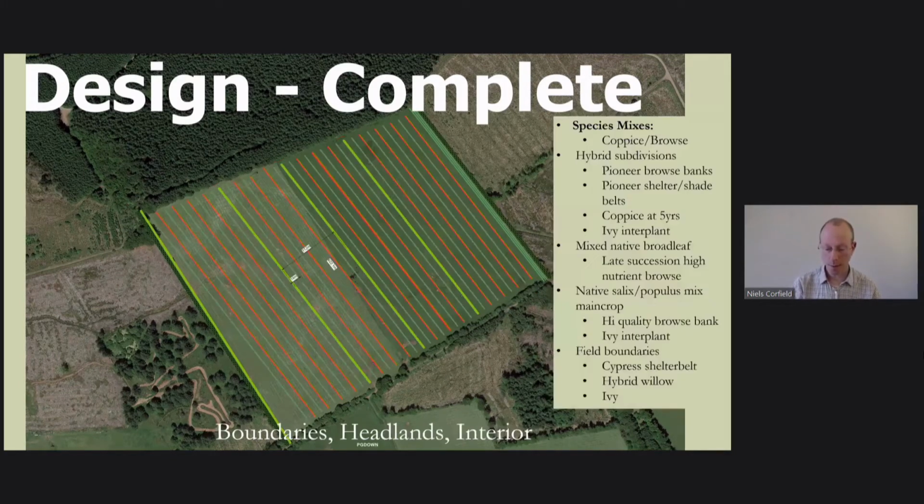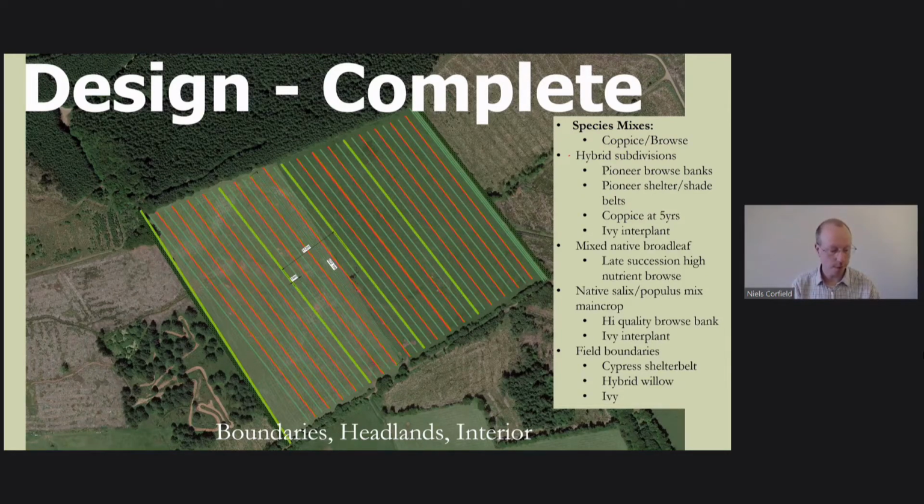And then going forward, we can infill, in this case with some mixed row planted species. They're all trying to optimize for browse production and diversity of browse, for example.